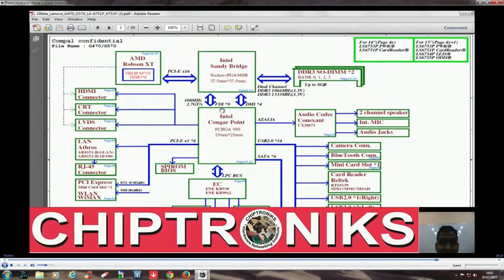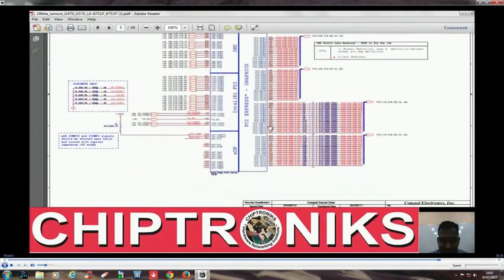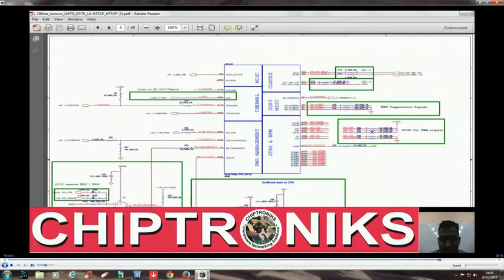Let's check FDI, FDI into 8, and see what it means. Let's go to page number 5. I'm not finding it in this page, so we'll go to the next page.